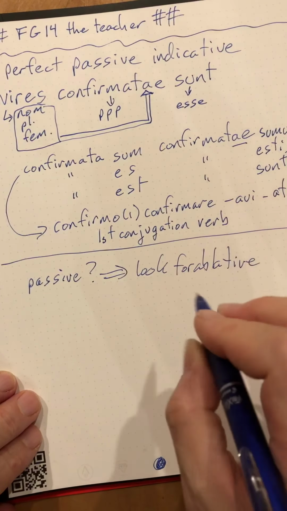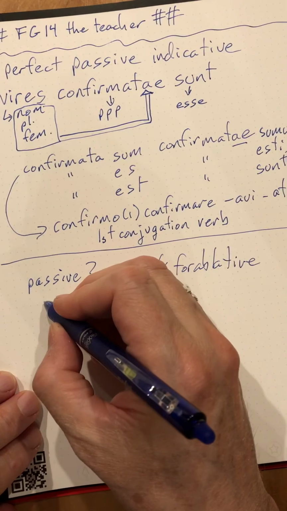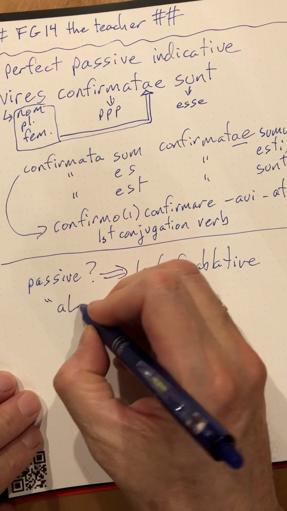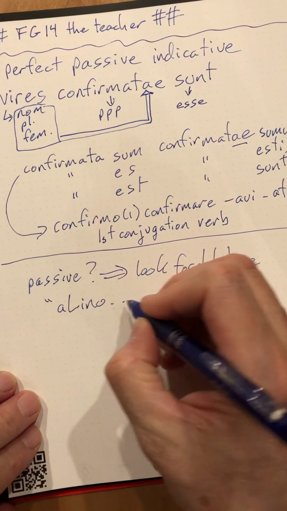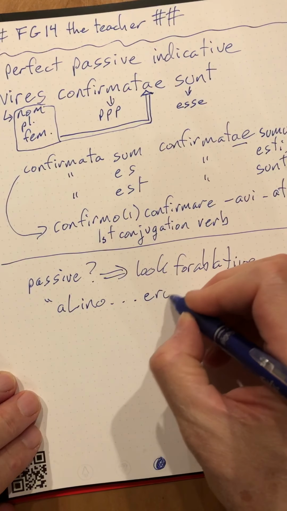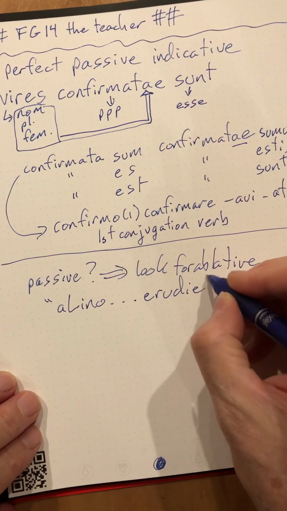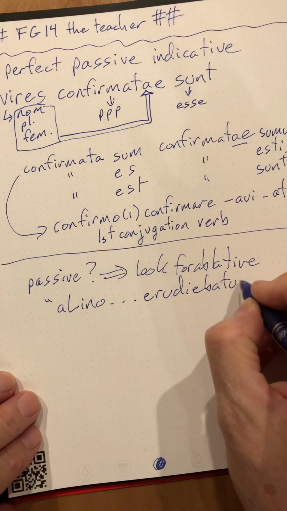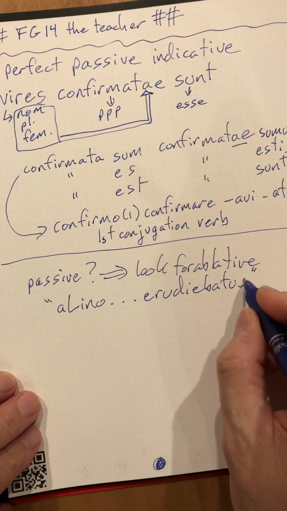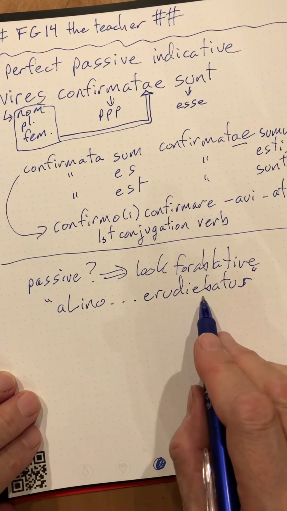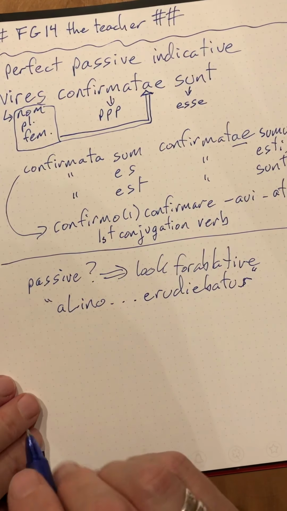All right, and there it is. Lino. Erudibatur. There it is. Passive verb form, look for the ablative.